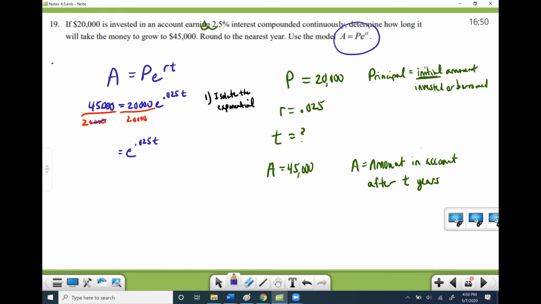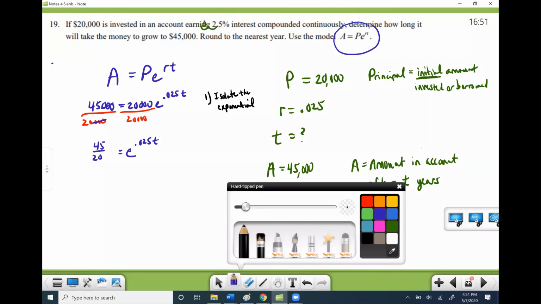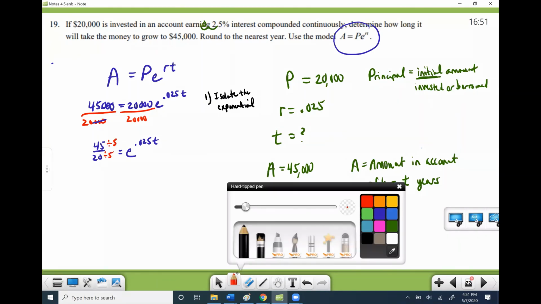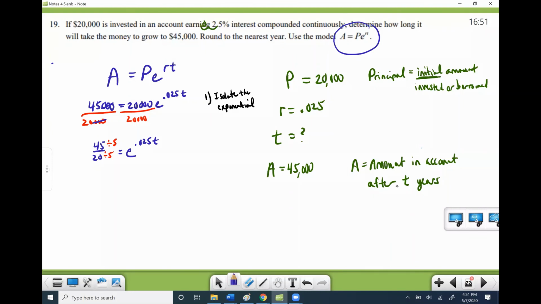So that is 45 over 20. Well, that can go further, huh? I think 5 goes into each one. Or 2.25. Okay, that'll work. 2.25.